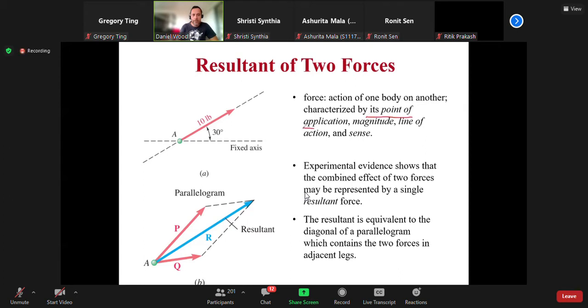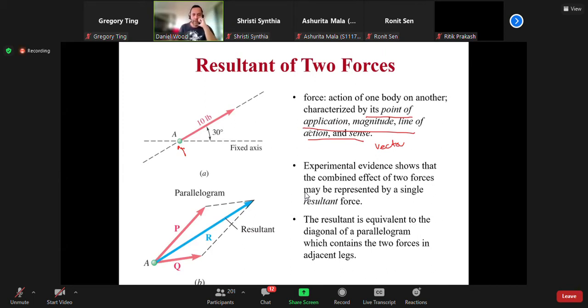It appears to be anyway. So here we've got a direction, we've got a magnitude, we've got a sense, and we've got a point of application. Okay, so this is a force.